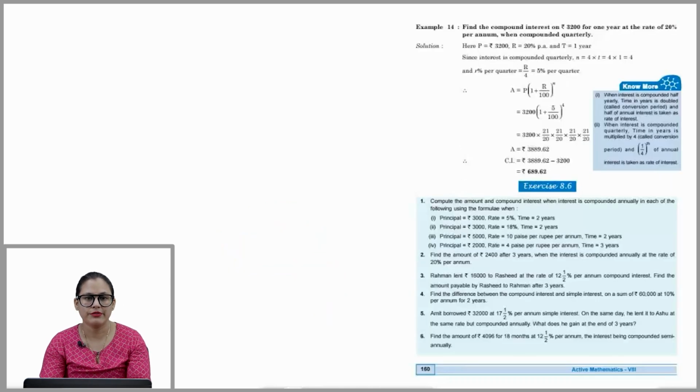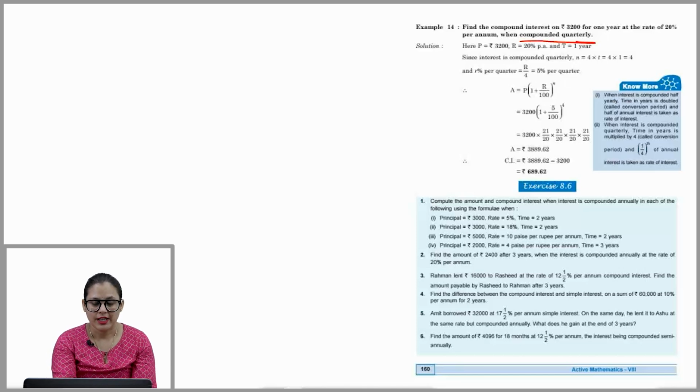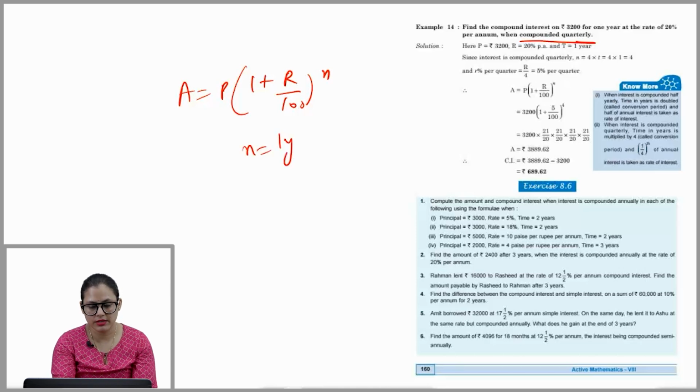Example 14, find the compound interest on 3,200 for 1 year at the rate of 20% per annum when compounded quarterly. Okay, compounded quarterly, right? The formula of amount is principal into (1 plus R upon 100) to the power n. Now the time is 1 year.